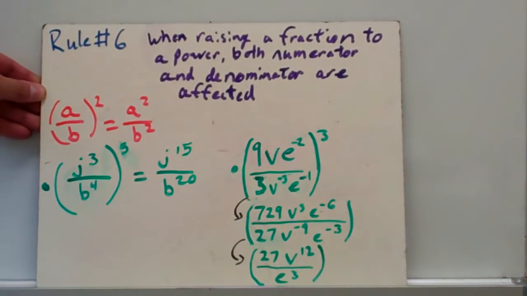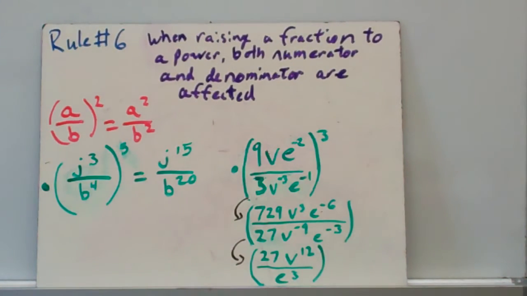Okay, and then for rule 6, when raising a fraction to a power, both numerator and denominator are affected by that power. Okay, so you can see here we have a over b squared. In that case, it becomes a squared over b squared.